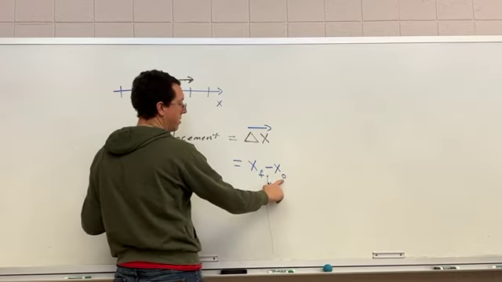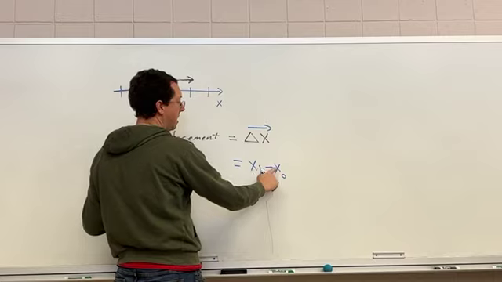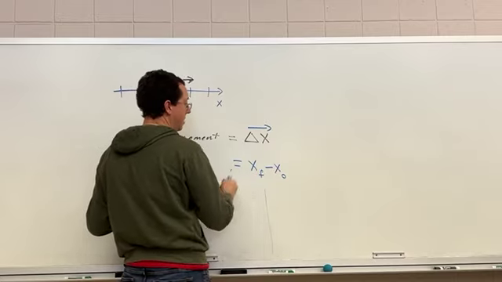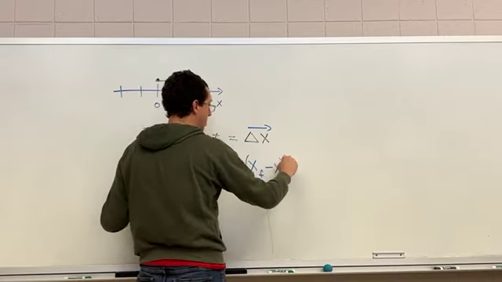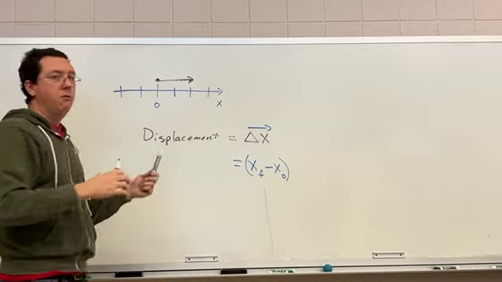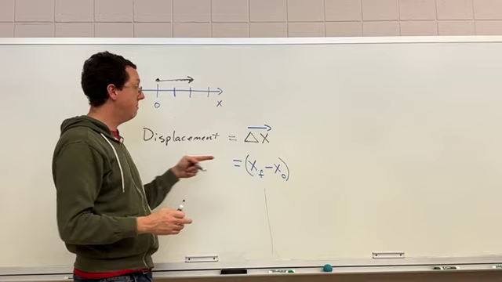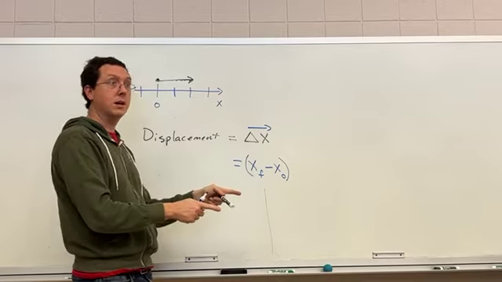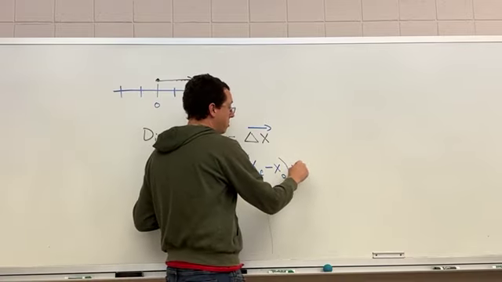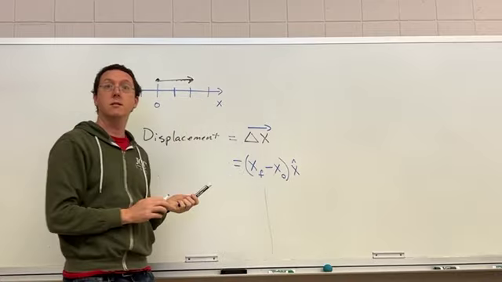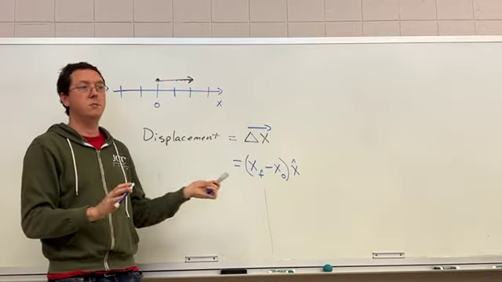For initial, I put a subscript 0. Sometimes I'll say x initial, or I'll call it x naught, meaning time 0. To be completely consistent, this is a vector and it goes in the x direction, so it should be proportional to the x unit vector.